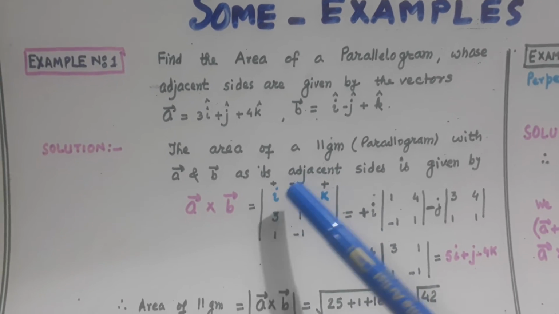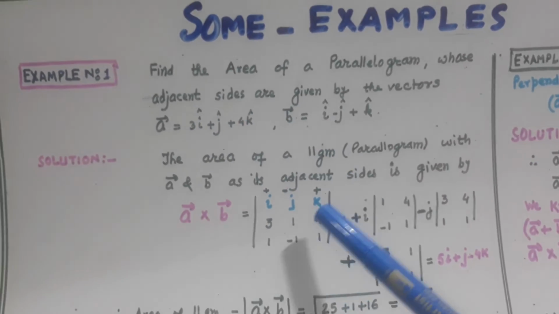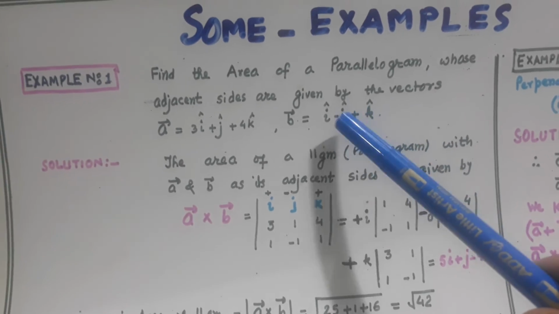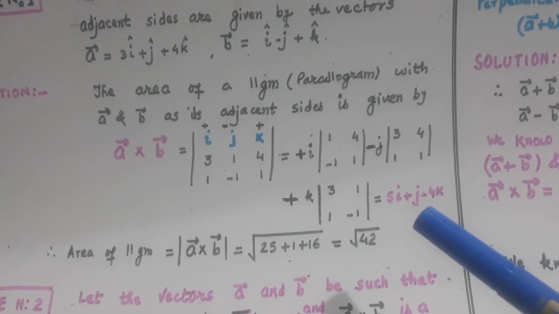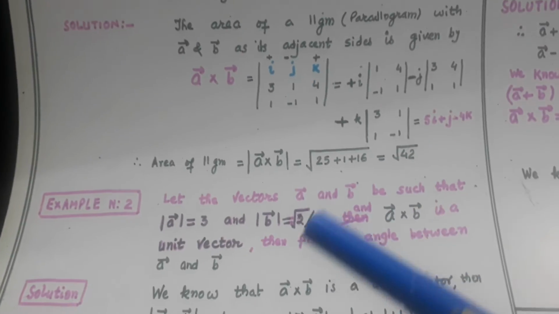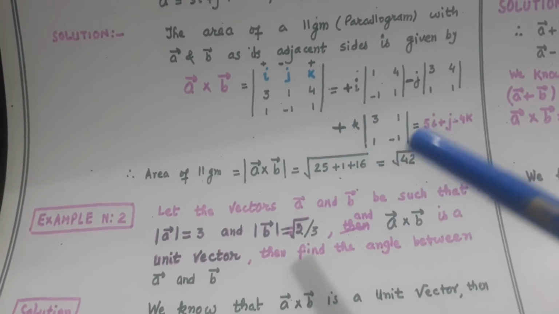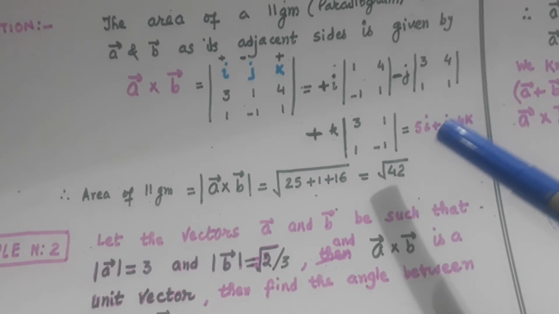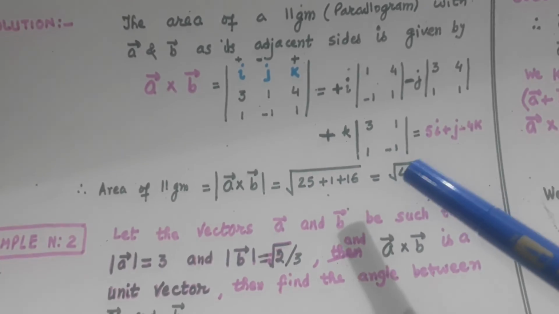So firstly write i j k, then 3, 1, 4, and 1, minus 1, 1, the coefficients. Solve this, we get 5i plus j minus 4k. So area of parallelogram is the magnitude of this, and magnitude you know, it will be under root 5 square, 1 square, minus 4 square, that is 16. So it will be under root 42.